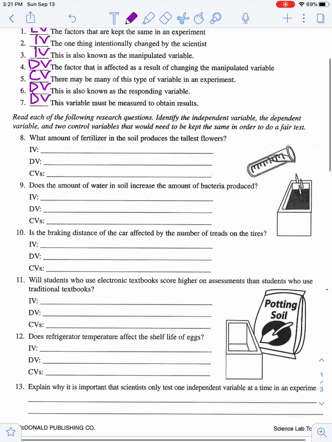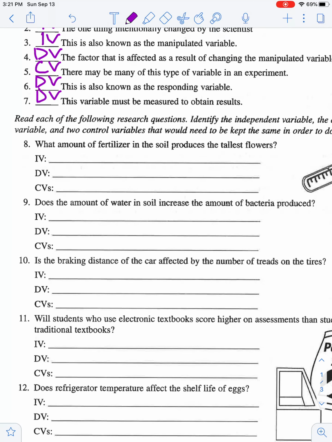Okay, so let's take a look at this one right here. What amount of fertilizer in the soil produces the tallest flower? So what is it that we are purposely changing here would be the amount of fertilizer. Okay, so that's our independent variable.